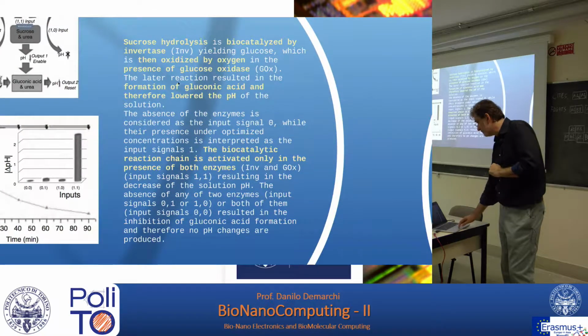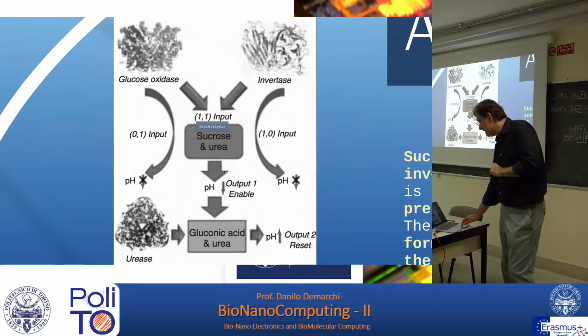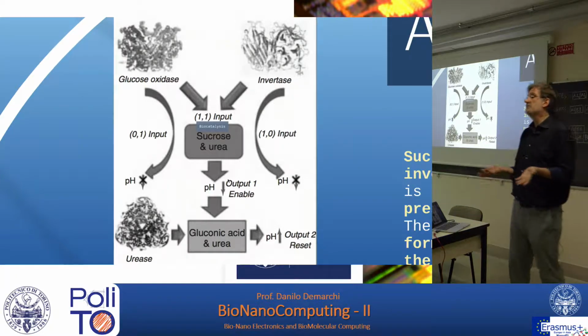From the sucrose, I produce the gluconic acid. So from this reaction the gluconic acid is produced, and so the pH decreases. If I have just glucose oxidase or just invertase, the gluconic acid is not produced, and so the pH doesn't change.